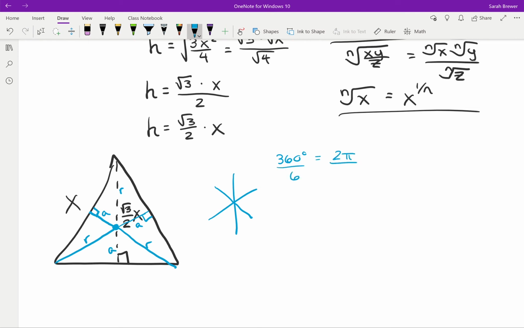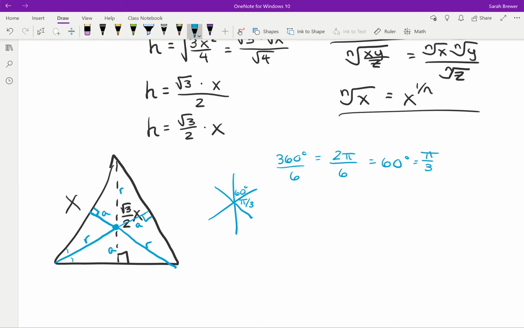And if I divide by 6, I get either 60 degrees or pi over 3. So each of these guys is 60 degrees or pi over 3. And at my vertices, I know that those are still equal.